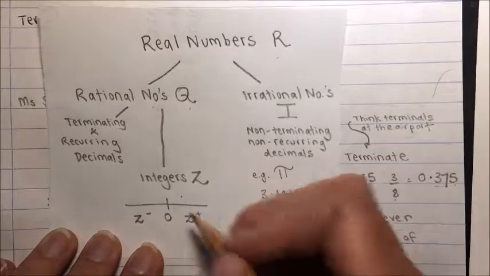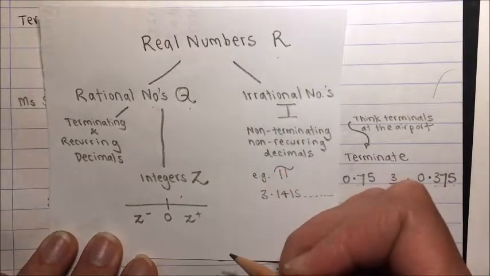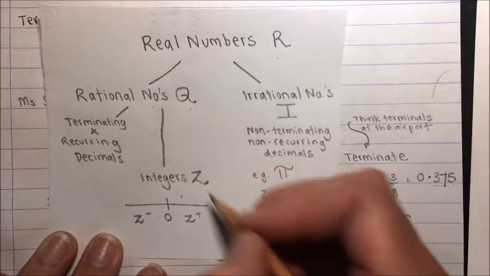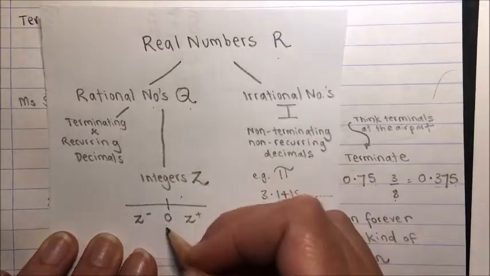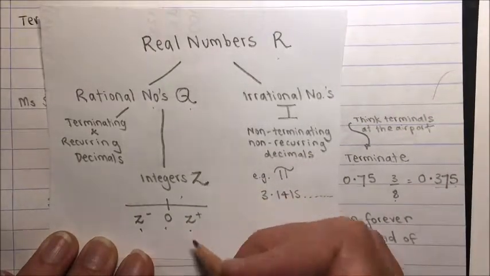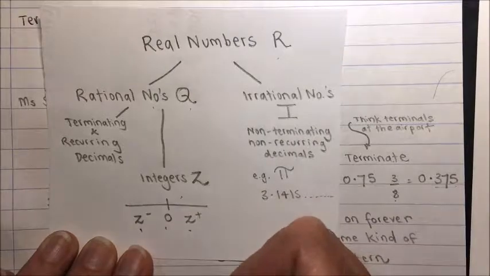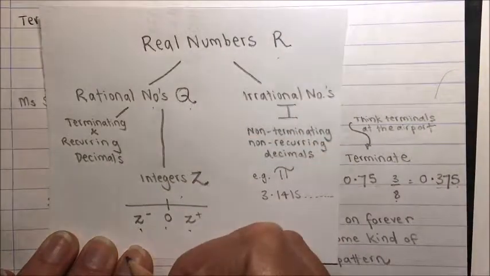Rational numbers are your integers, like you learnt last term. Every integer, the whole set of integers, is Z. So integers are 0, positives, and their opposite negatives, as well as terminating and recurring decimals.